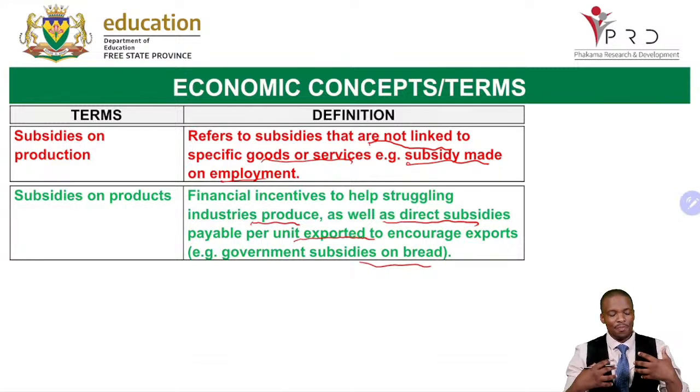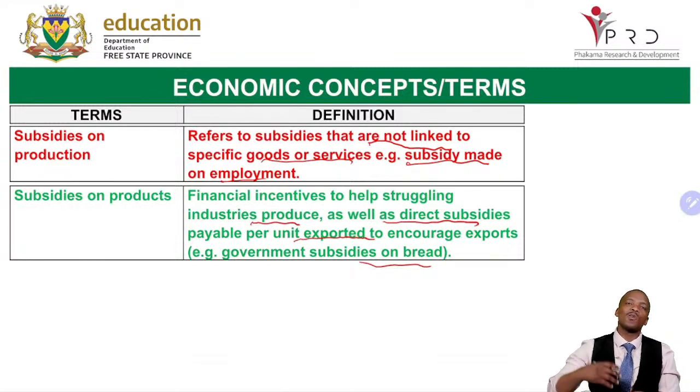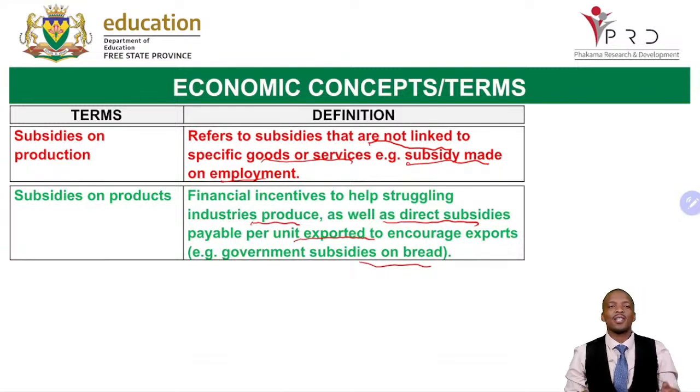If the government provides subsidies on products, they want these basic goods to continue to be produced. Once subsidies are involved, the end product will be cheaper, so that you and I will be able to do what? To afford. Those are the subsidies on products. Okay.